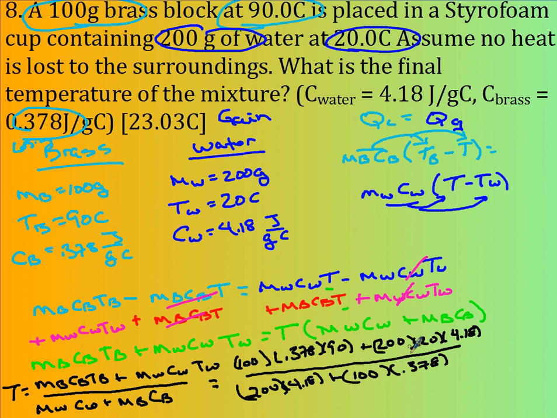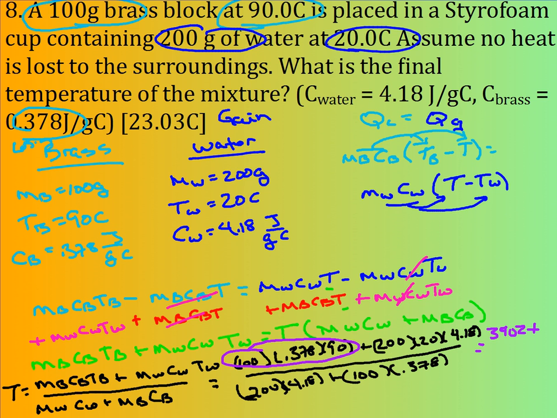Now I know this is a lot of numbers. So what I'm going to do is circle them in colors. Multiply these numbers right here together. 100 times 0.378 times 90 is ugly, but it's doable. So this is equal to 3402.